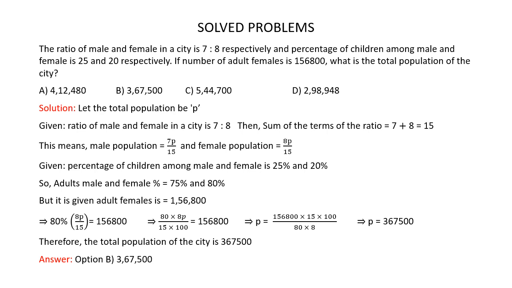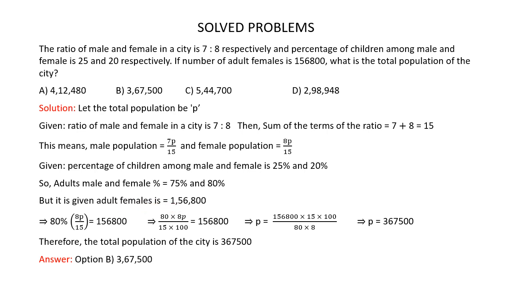So now we know that the total female population is 8P by 15 and 80% of the total female population is adult females. But it's given that adult females is 1,56,800.